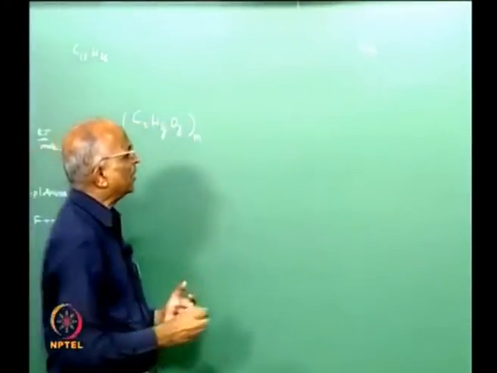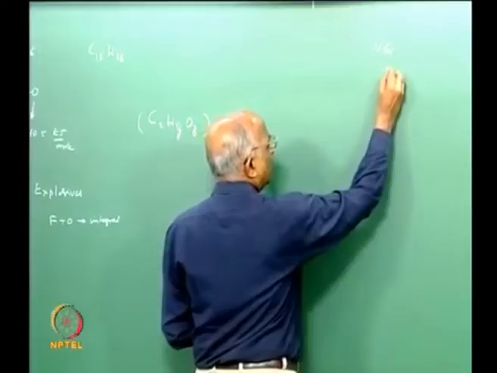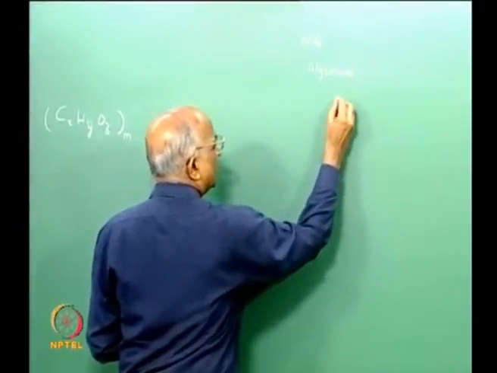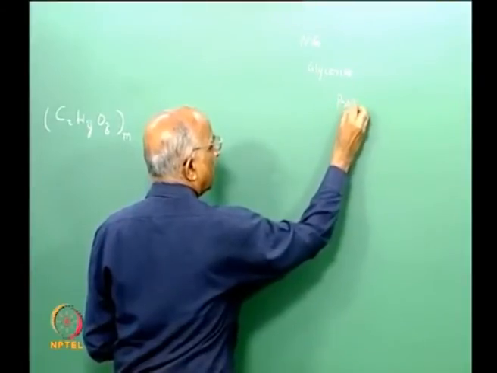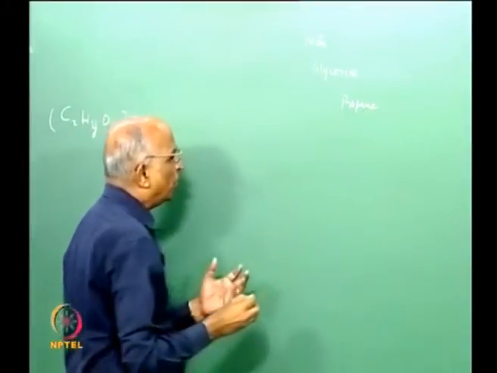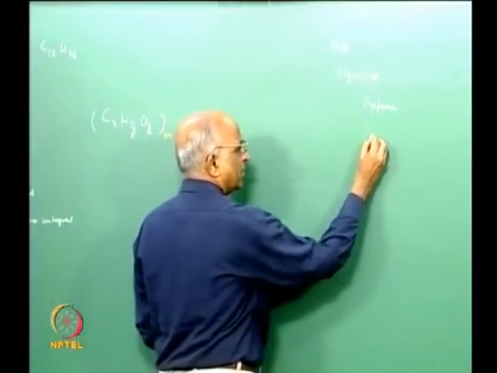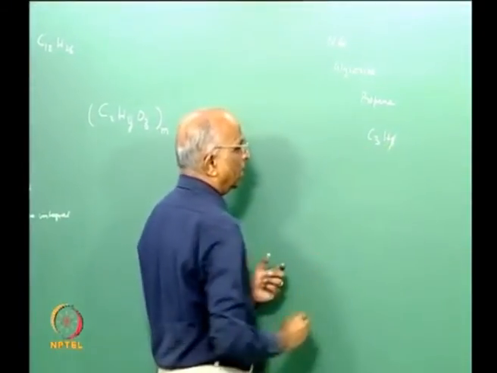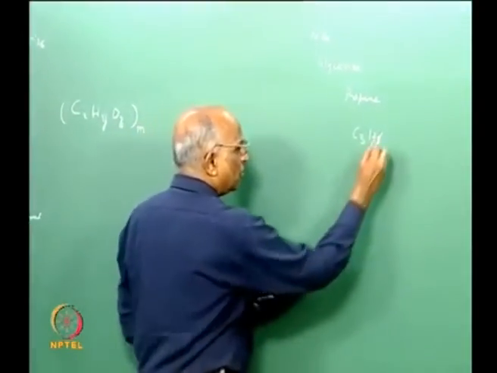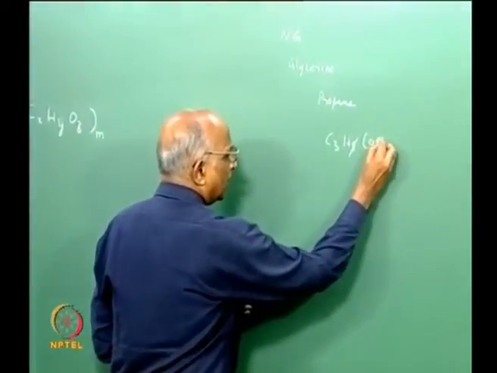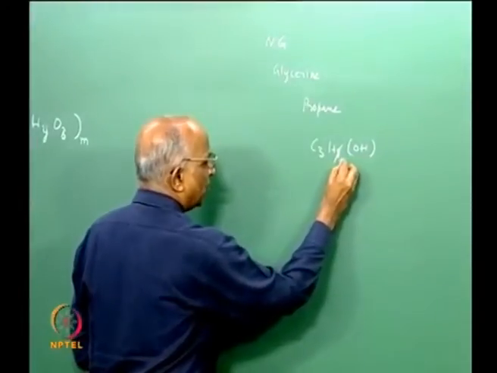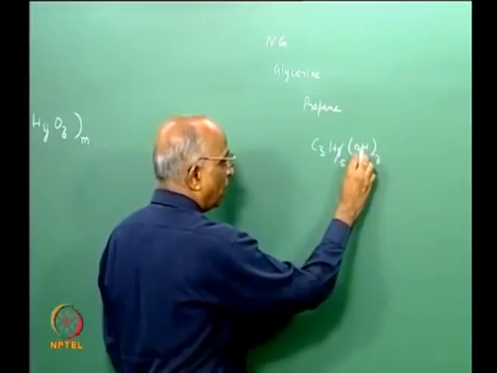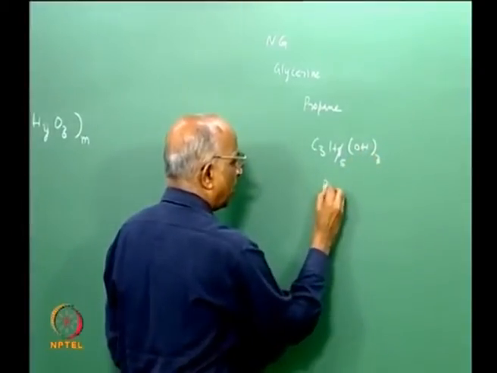When we say nitroglycerine, it is basically we are talking of glycerine, and glycerine is derived from propane, and in propane what you do is you take C3H8 which is propane, you take 3 of the 8 H atoms, substitute it by OH, that means we have C3H5(OH)3. This is known as propane triol.